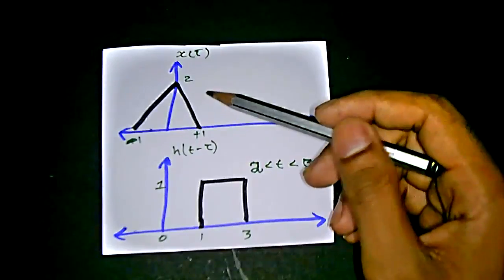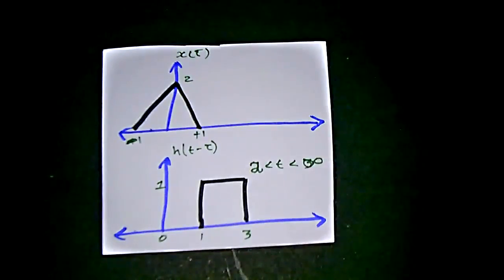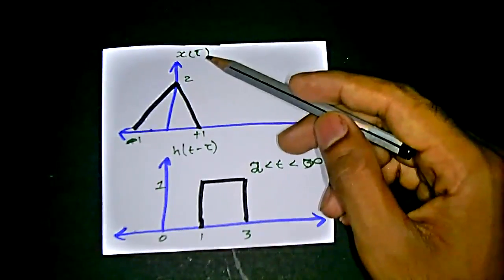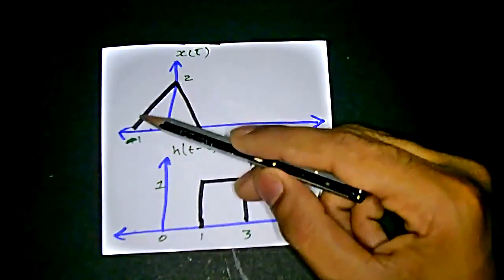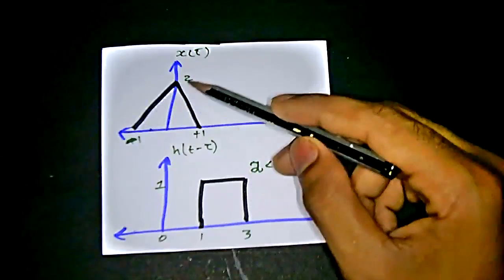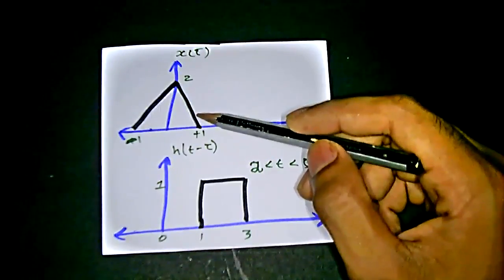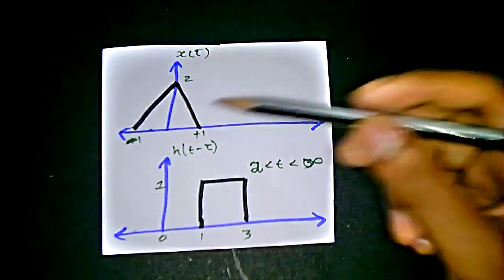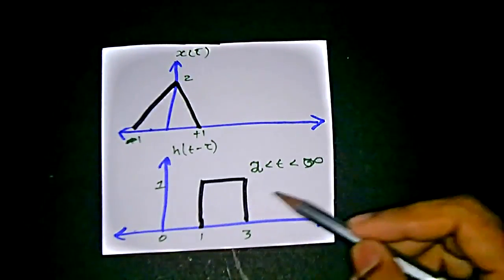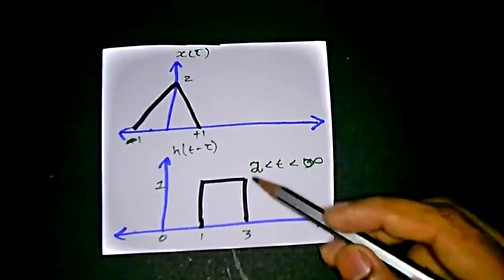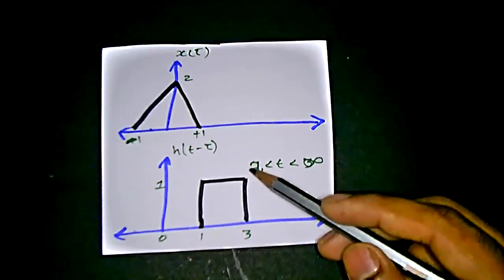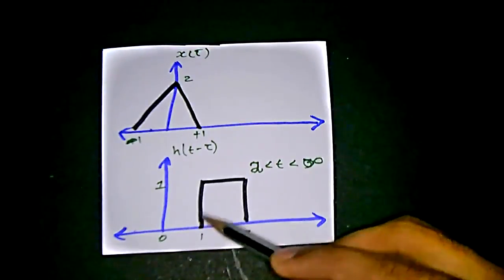So here we have changed to x of tau, where the increasing and decreasing ramp signals are available. So now we have to change h of t. We are having h of t minus tau, which is drawn here.